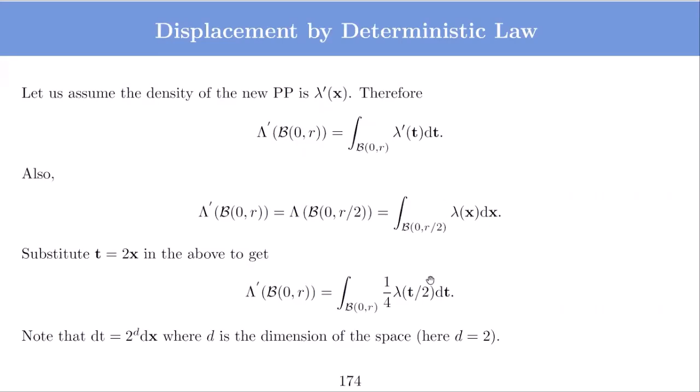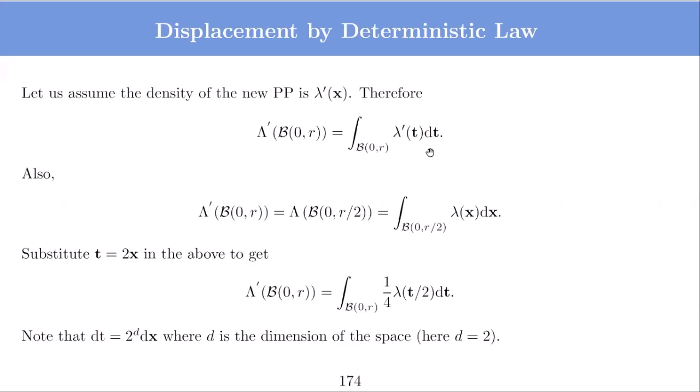Okay, now to compare the inner terms, we want to compute lambda dash x in terms of lambda x. So to compare the inner terms, we need to first make sure the limits are the same. Otherwise we cannot compare the inner terms of two integrals.